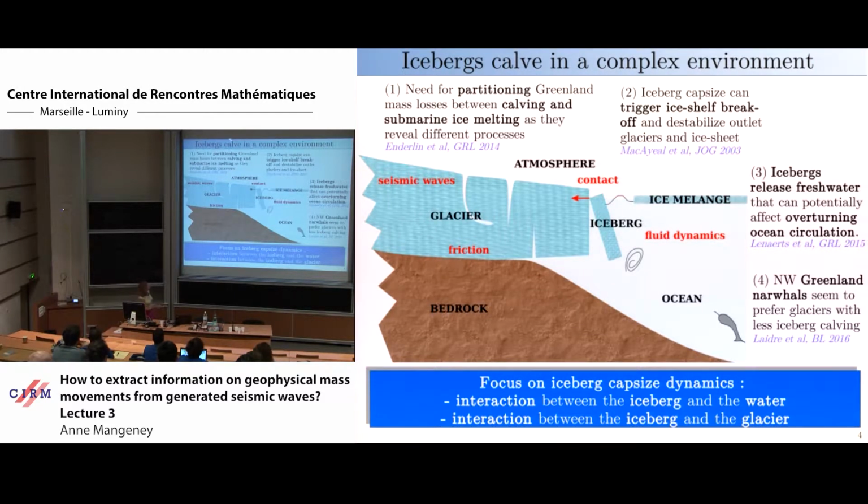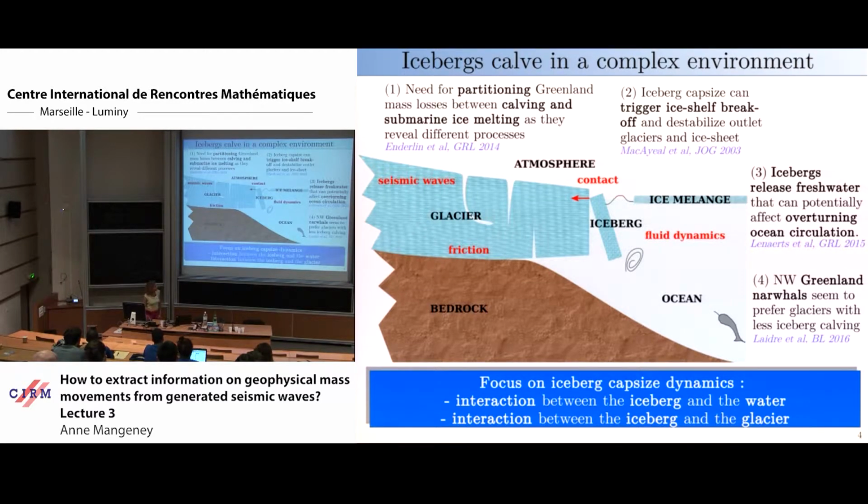And the question is how much mass is lost by calving and how much mass is lost by melting from the increase of ocean temperature. And one thing that has been observed is that when the glacier loses a very big iceberg, so 1 kilometer size, this can destabilize the glacier, which starts to move faster and may even be completely destabilized. And this is one problem that could happen with increasing climate change.